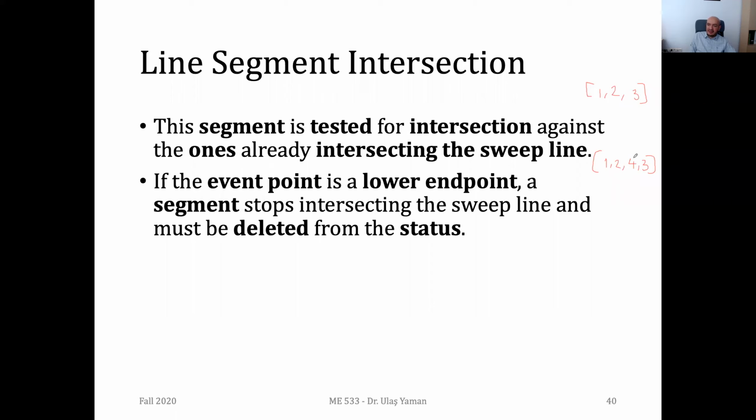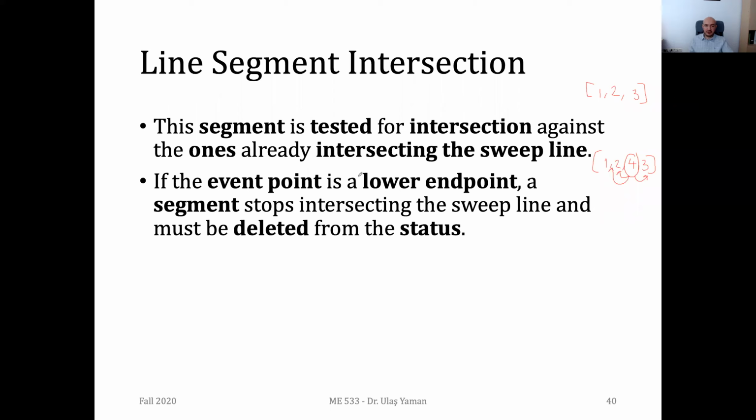So this is the new line we just added. And then what we should do, we should check whether this fourth line segment is intersecting with the second one, or intersecting with the third one, or intersecting with the first one. This is what we should do at the event points and try to find whether there are any intersecting points with the fourth segment or not.